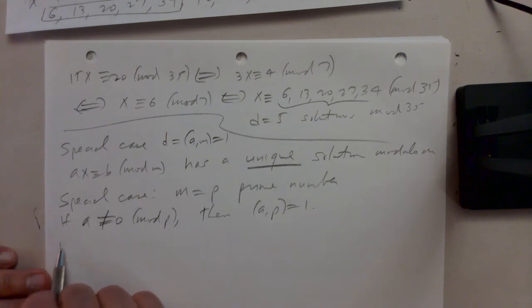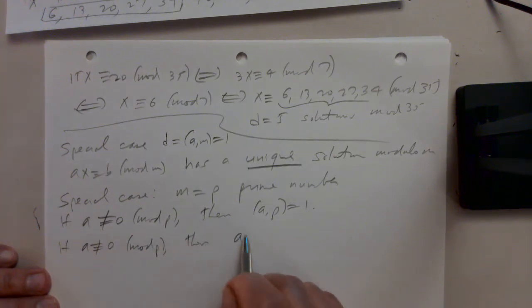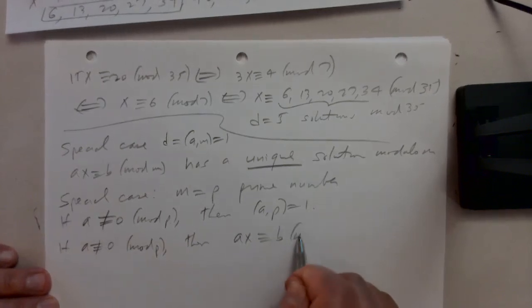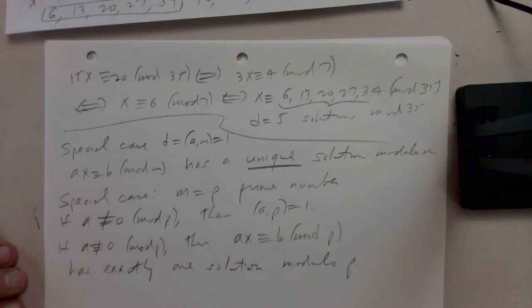So if A is any number not congruent to 0 mod P, then the congruence AX congruent to B mod P has exactly 1 solution modulo P, exactly 1.